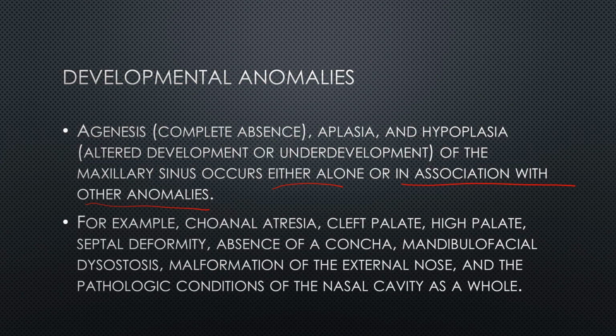Other anomalies may include cleft palate, high palate, choanal atresia, septal deformity, absence of a concha, mandibulofacial dysostosis, malformation of the external nose, and pathological conditions of the nasal cavity as a whole. So there are various types of associated anomalies. You can write two and three of these, and maybe if you write all of them, you will get extra marks.